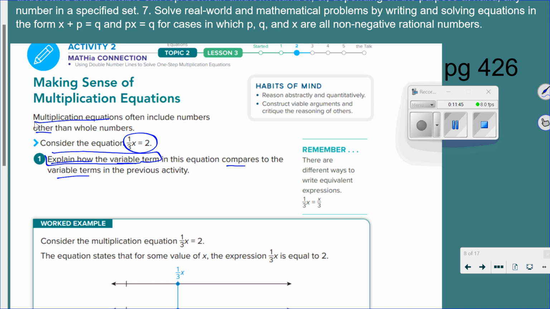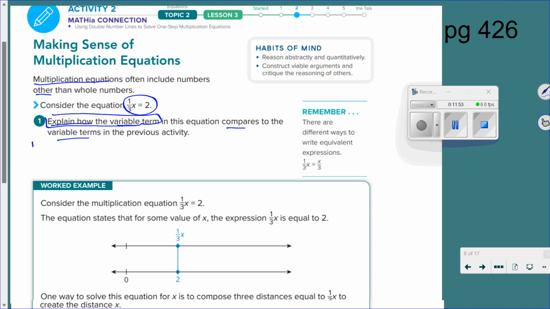Oh, coefficient. Okay. So the coefficient is now a fraction, where in the previous problems it was a whole number.